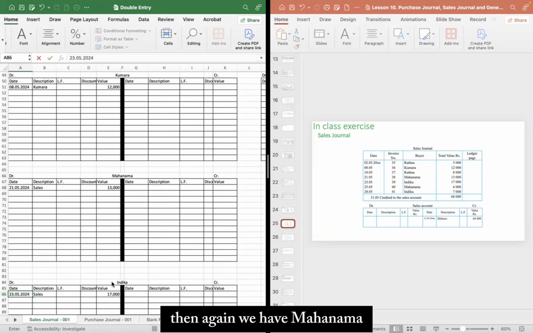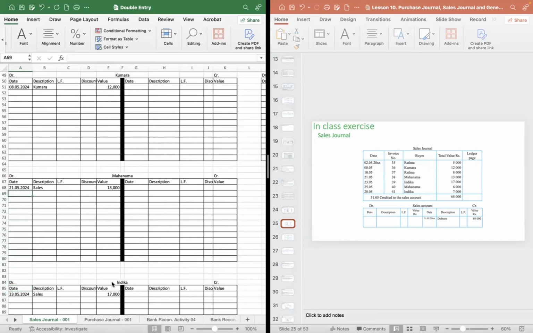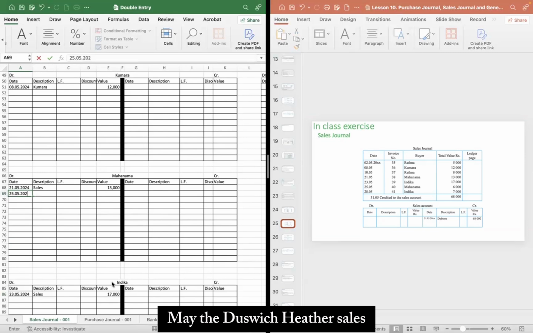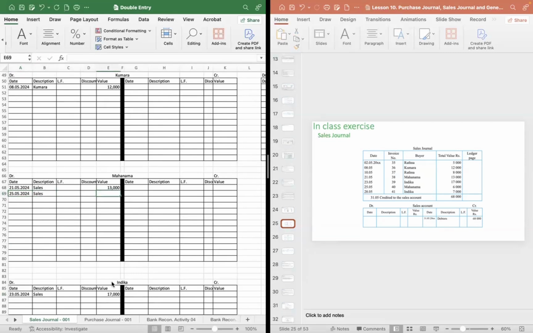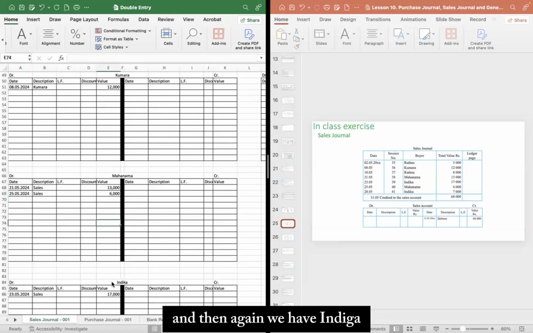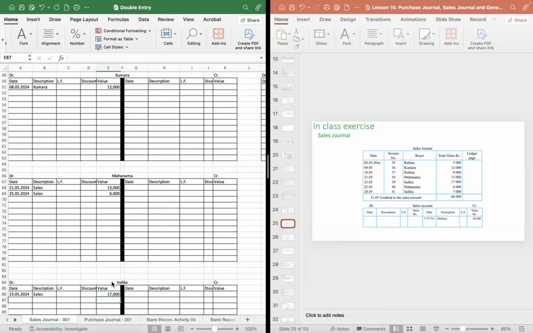Then again we have Mahanama on 25th May 2024. Sales 6,000. And then again we have Indica 7,000. Sales.